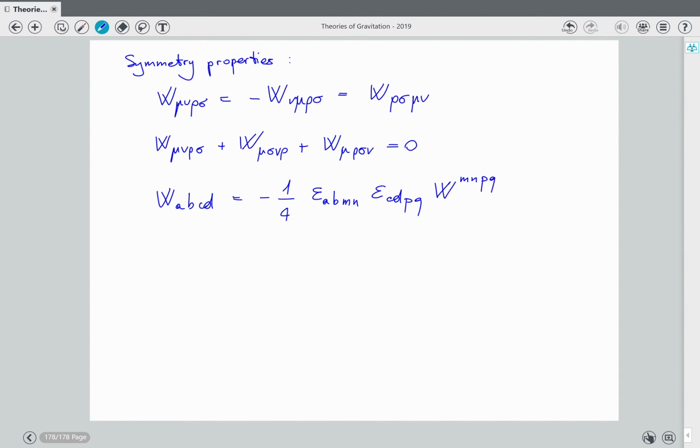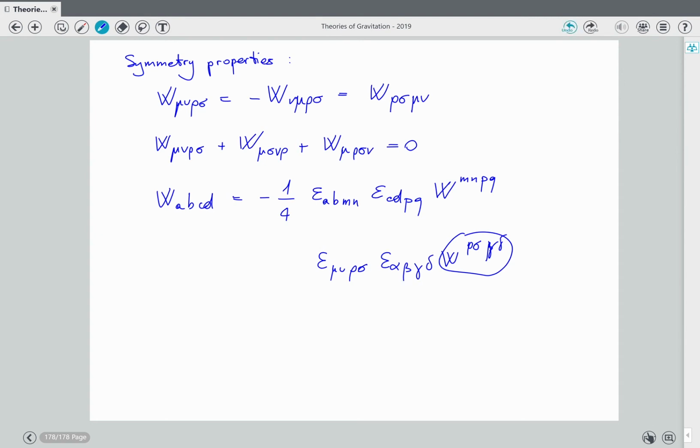Why? Somebody can tell me why. What's wrong in writing something like this? Is this a tensor? Well, this is a tensor because it's a Riemann tensor with raised indices, but the question is, is this a tensor? And this is not.